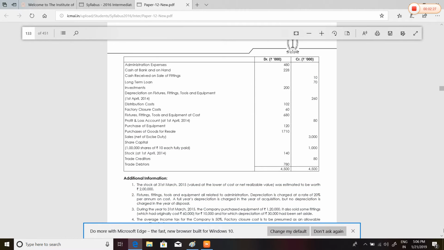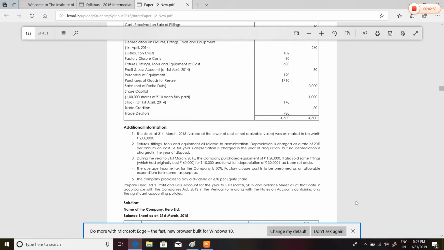See, we are given these types of expenses. Then additional information. Stock on 31st March 2015, valued at the lower of cost or NRV, was estimated to be worth rupees 2 lakhs. Furniture, fixtures, tools, and equipment are all related to administration.